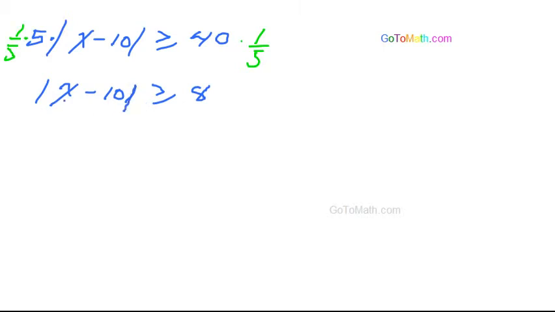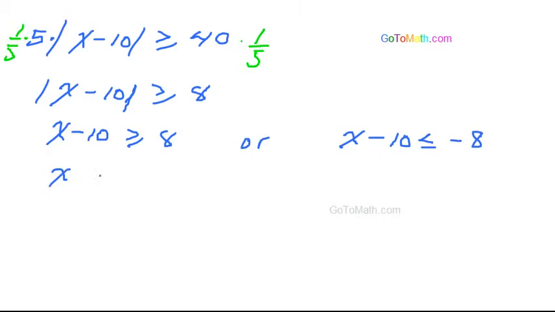And so now what we can do is go ahead and work this out like we've been doing. Right, so we have x minus 10 is greater than or equal to 8. And then of course remember this thing, think of it as an arrow pointing to the right. So we have or, and so now we have x minus 10 is less than or equal to negative 8.